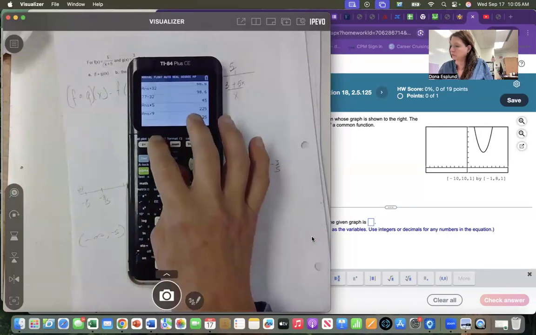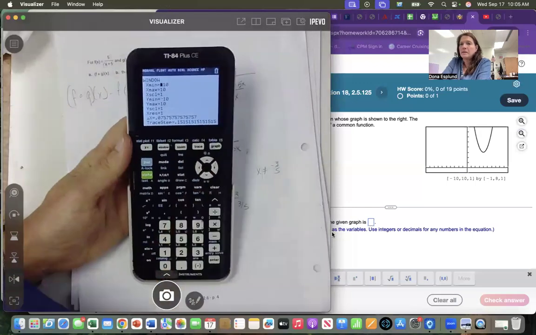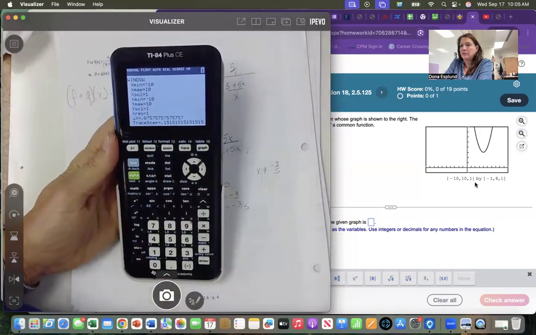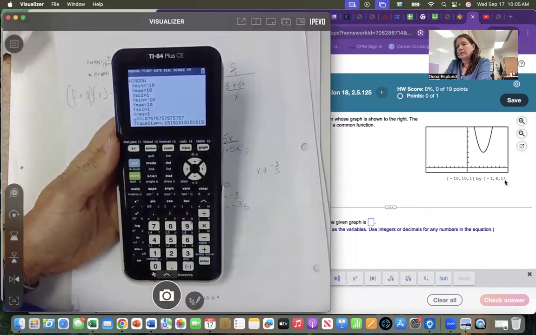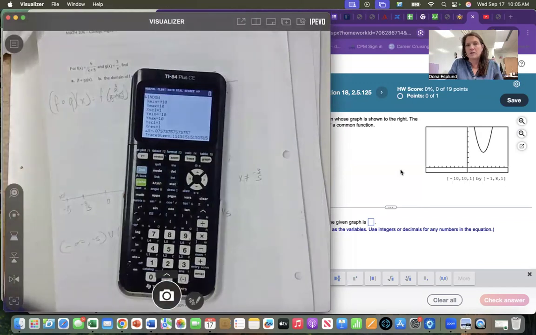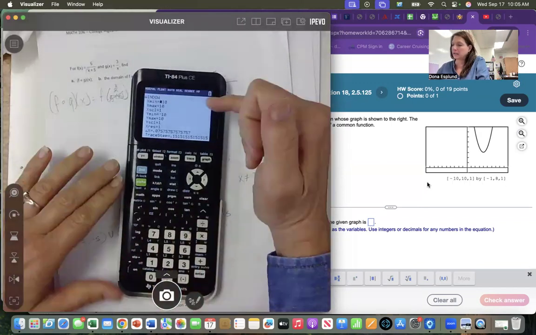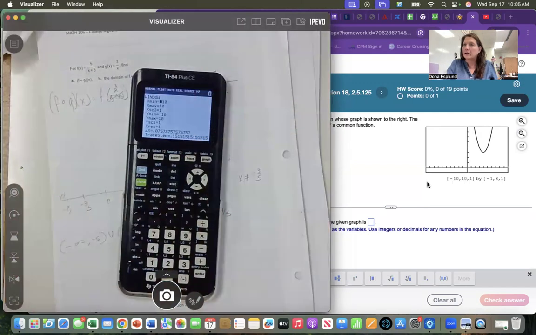Let me clear out a window. These numbers down here represent how the X values are going to go from -10 to 10, with an increment of 1, and then the Y values would be from -1 to 8, again going up 1. So that's where that is coming from, and that comes from a graphing calculator setup.